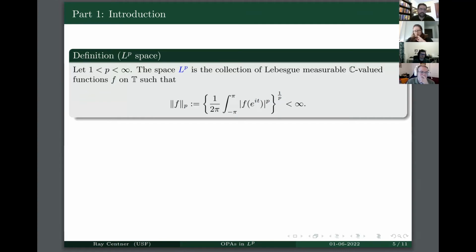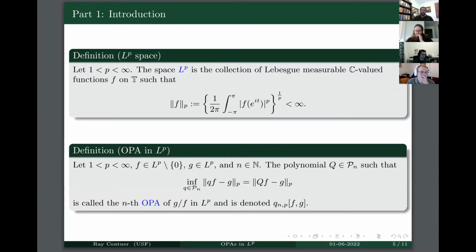And this integral defines this norm. Keep in mind, I'm only talking about P from 1 to infinity, because I want to remain in the Banach space setting.